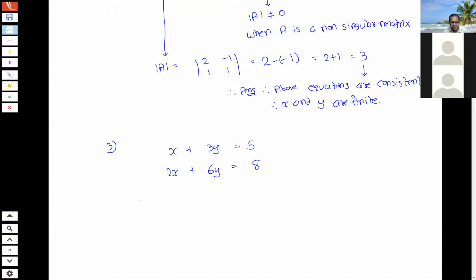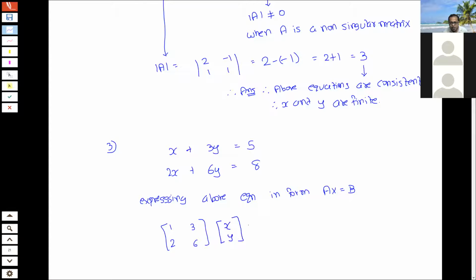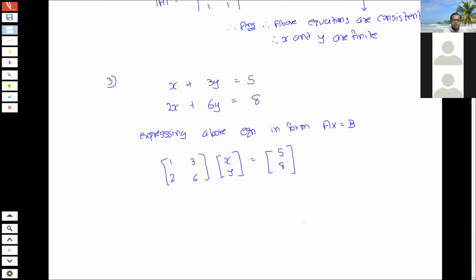So we have to write it as expressing the above equations in the form AX equal to B: the coefficient matrix 1 3, 2 6 into the variable matrix which is x and y is equal to B matrix, which is the right hand side of the equation.